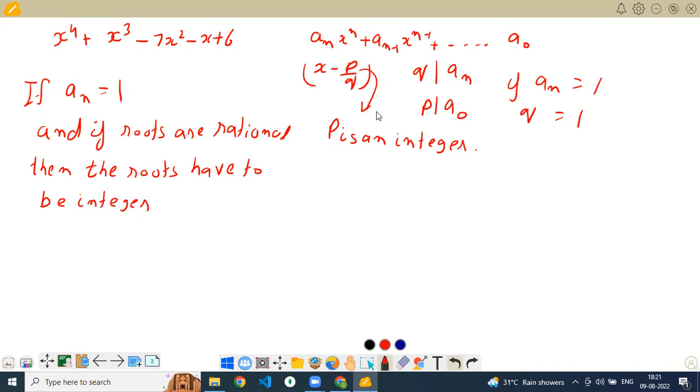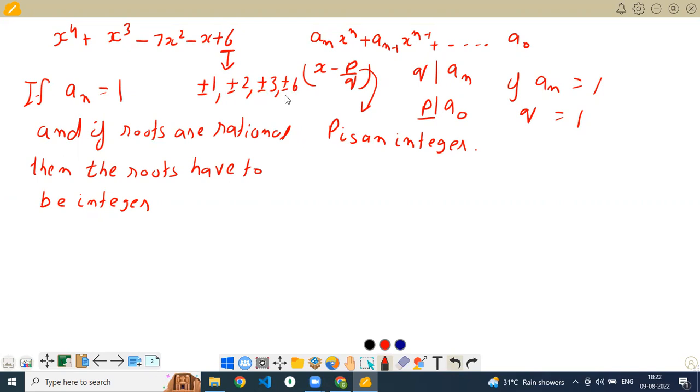And this p is the divisor of 6 and p is the root, so p has to be the divisor of 6 or the factor of 6. What are the factors of 6? Either plus minus 1, plus minus 2, plus minus 3, plus minus 6. Okay, so what does this tell me?